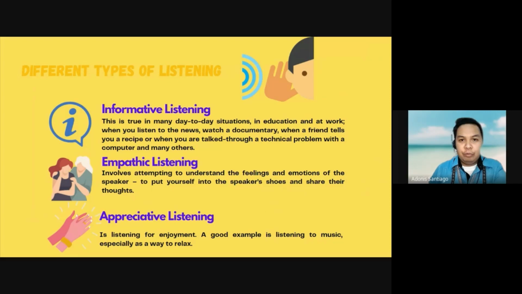Next is appreciative listening. Simply saying, it is listening for you to appreciate. Examples of this are listening to music or listening for enjoyment, because this is a type of listening when you are trying to relax. Listening to podcasts, or a lot of other examples.